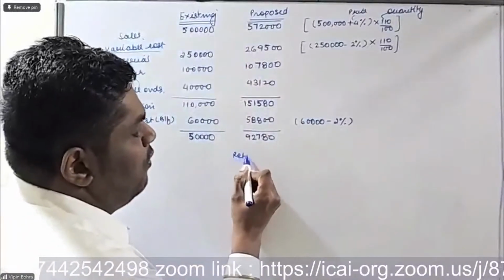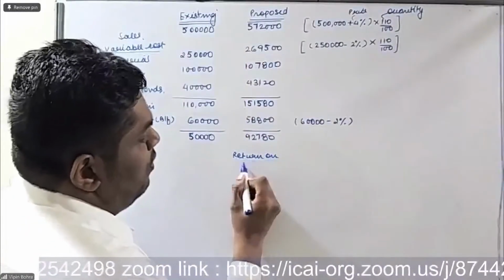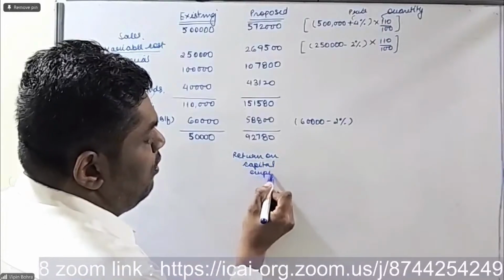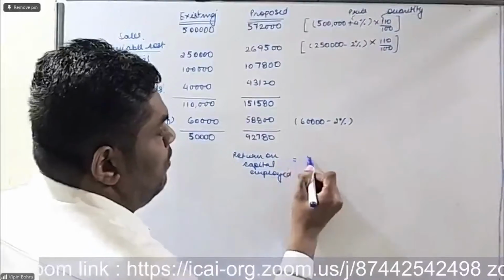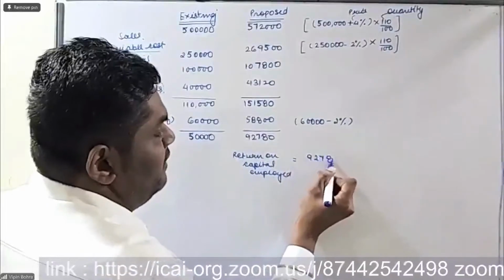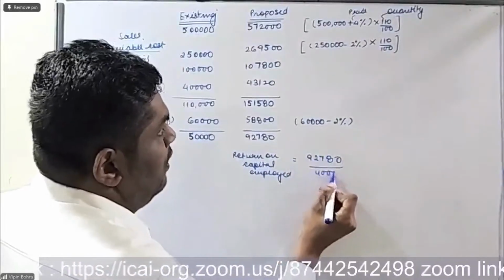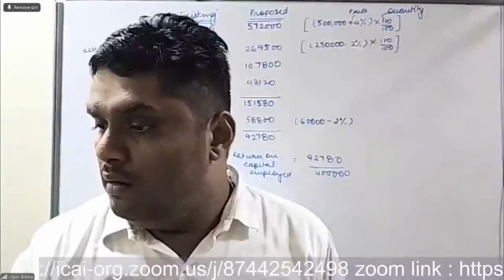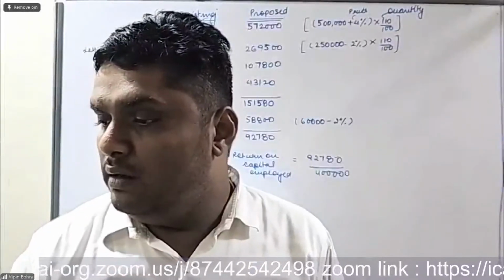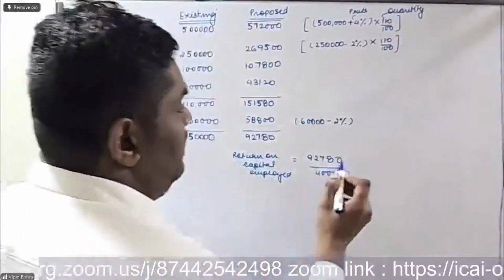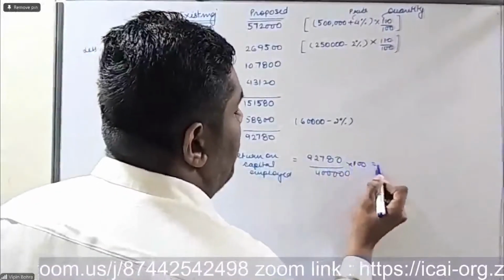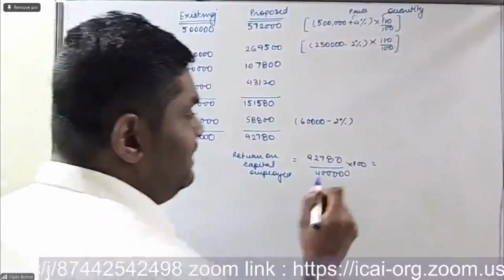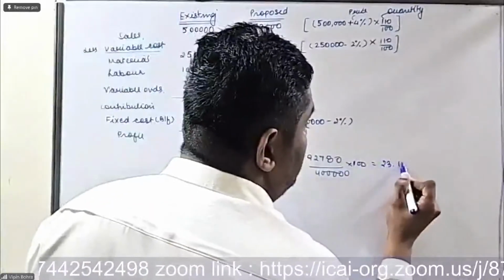So 92,780 divided by my capital employed, which is 4 lakh, into 100. So 23.195, I'm getting the return.